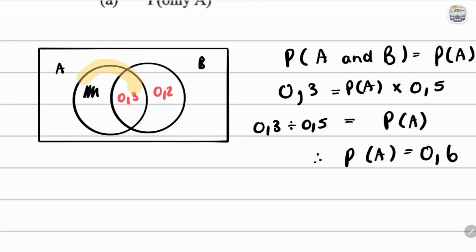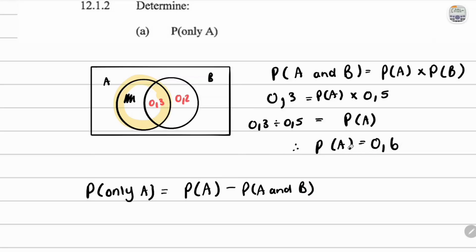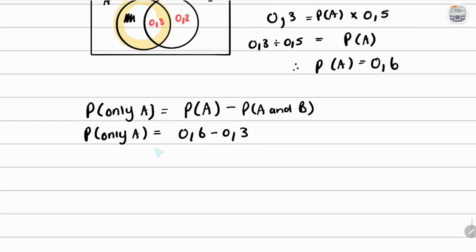But the probability of A is this entire part. So you see that to find the probability of only A, we simply just need to say the probability of A minus the intersection, which is the probability of A and B. Now we already got the probability of A, so that can be found. So we can just say the probability of only A would be equal to 0.6 minus the intersection of 0.3. And there we go. The probability of only A is simply equal to 0.3. And that is our answer.